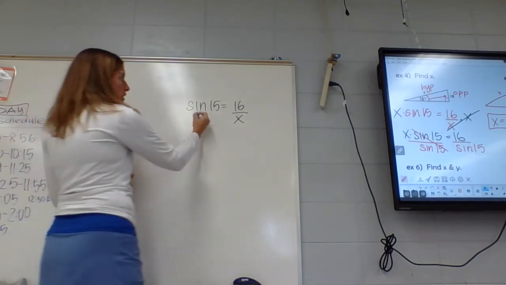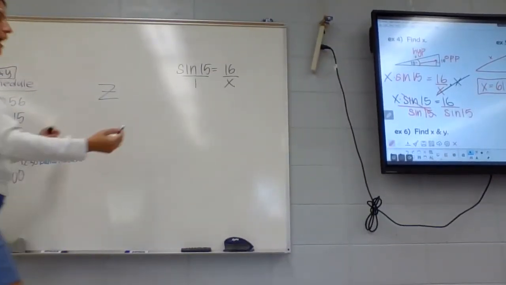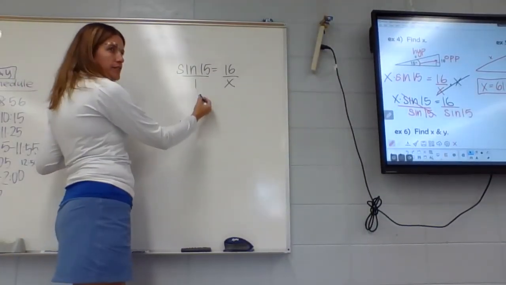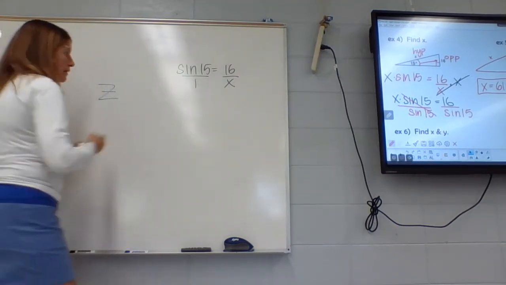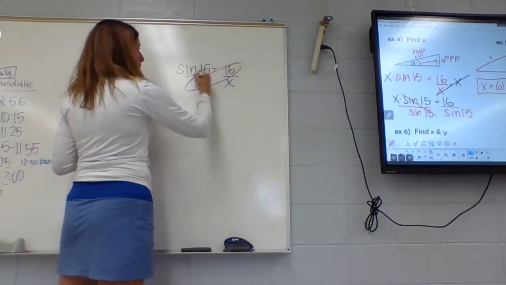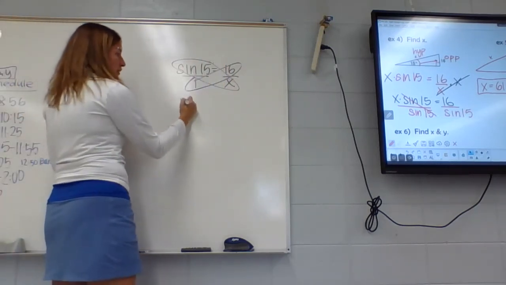Proportions is when I have two fractions that are equal. So I made this sine of 15 over 1. What I can do now is cross multiply. And this is essentially what you did, just in a slightly different way.